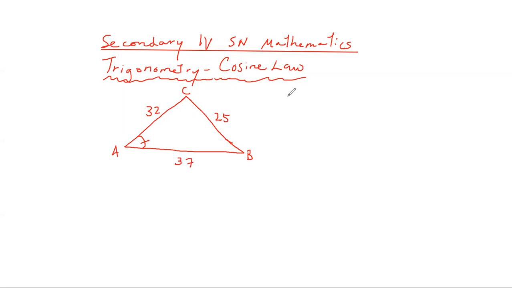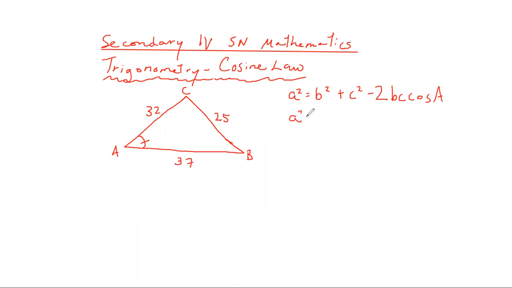So again, it comes back to A squared is equal to B squared plus C squared minus 2BC cos of A. So you're basically missing angle A. Before we plug in the numbers, let's try to isolate cos of A. I essentially start by moving B squared and C squared over.